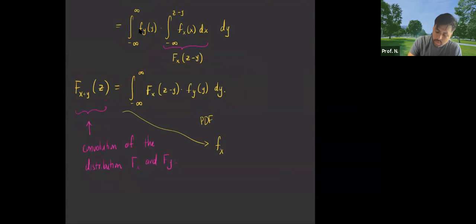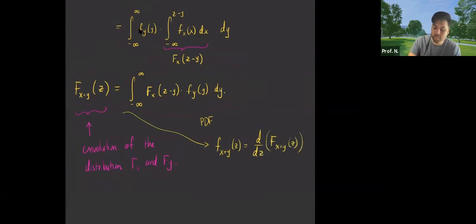So if I want to find f of x plus y of z, I take the derivative of the cumulative distribution function in terms of z. So this is really taking the derivative with respect to z of the integral from negative infinity to infinity of F of x, z minus y, f of y dy.